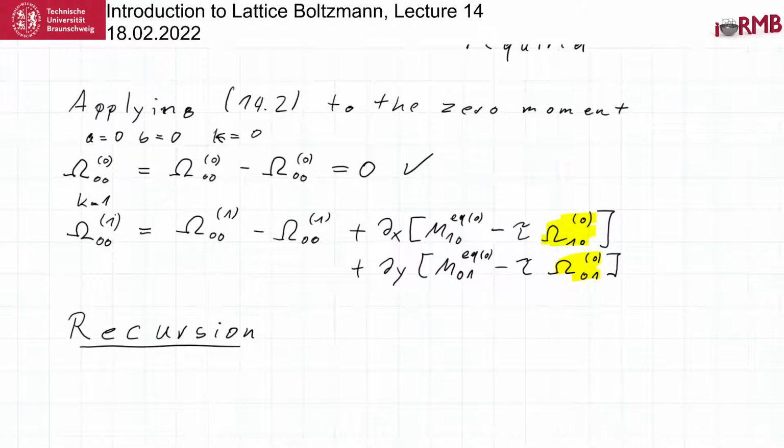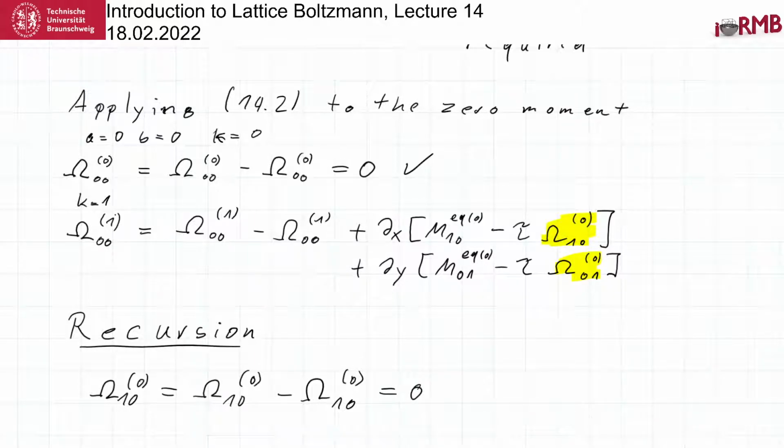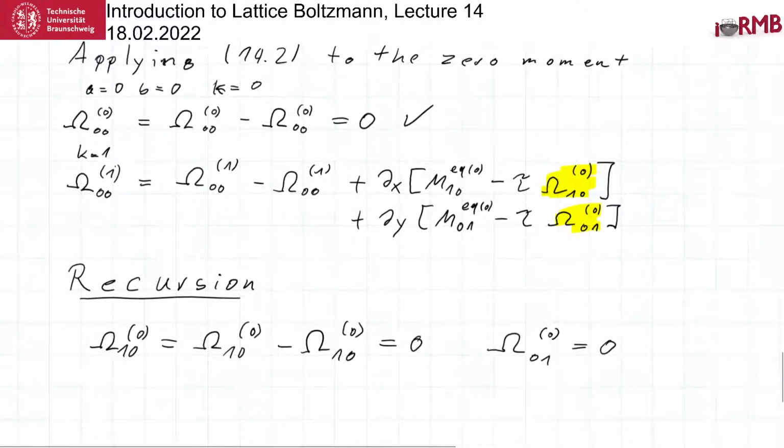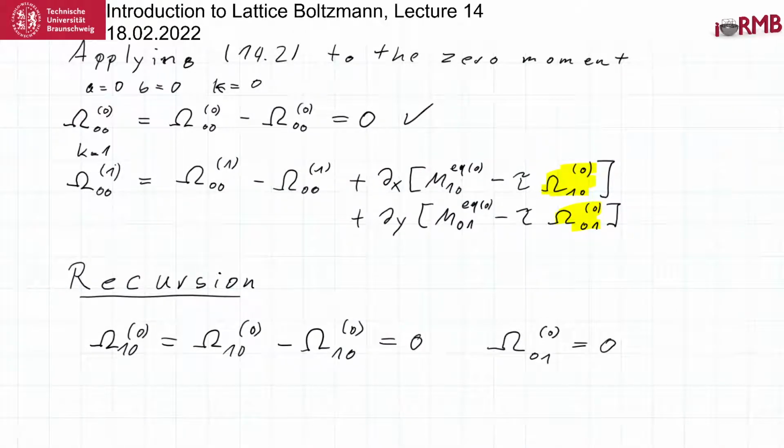We have omega 1,0,0. This is what we want to know, and this is omega 1,0 of order 0 minus omega 1,0 of order 0. So this is equal to 0, and the same thing holds for omega 1,0,0, which is also equal to 0. So there's no information in this, so this will just disappear. And we have done the recursion.